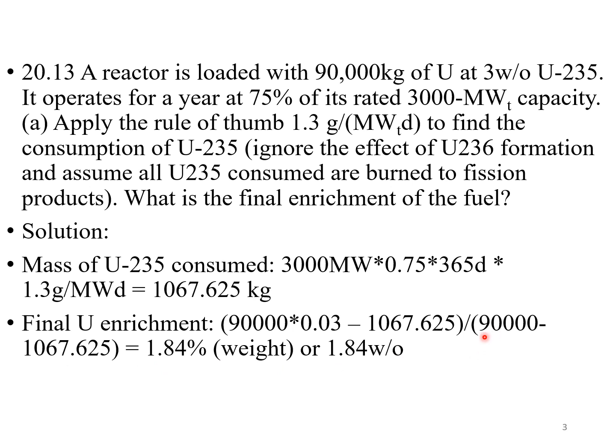So we use the initial total uranium minus the uranium-235 consumed. That is the total uranium left inside this core. Then the result will be 1.84%. This is weight percentage. So the uranium-235 enrichment is reduced from 3% to 1.84% after 1 year of operation.